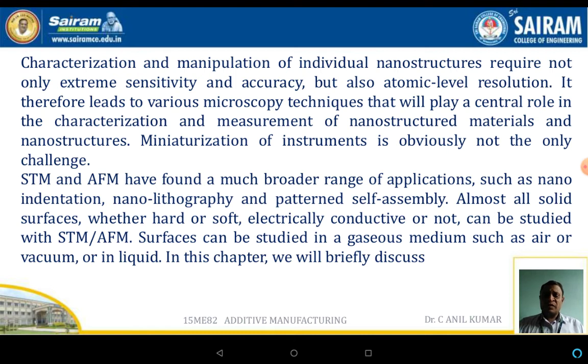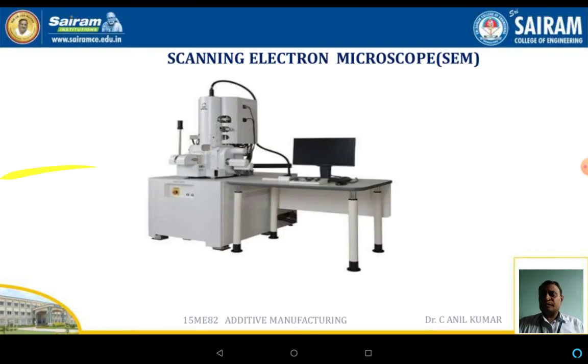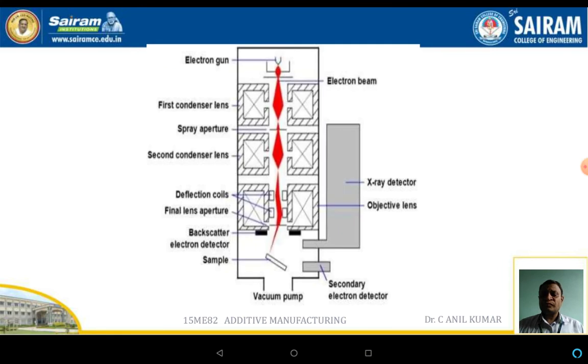In this chapter, we are briefly discussing these in detail. The first one we are discussing is the scanning electron microscope. The schematic diagram of the scanning electron microscope consists of the electron gun, the first condenser lens and the second condenser lens. This comes under the category of the compound microscope.